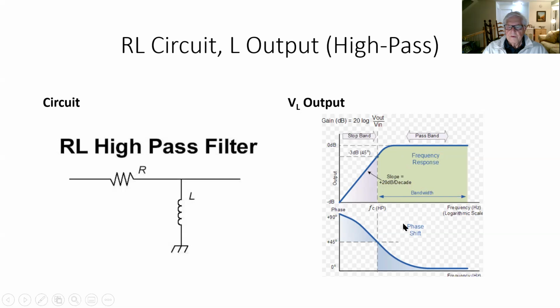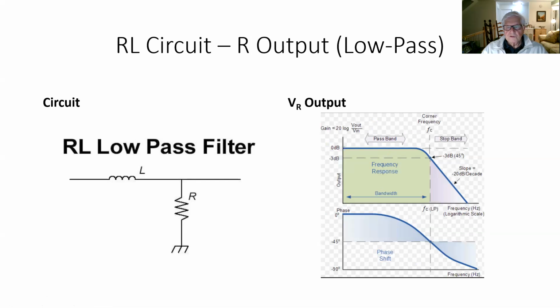We can look at the phase shift of what happens. You can see right where the cutoff frequency occurs, our phase is at plus 45 degrees. So that phase shift at 45 degrees corresponds to where the shift is from essentially stop to pass, okay?